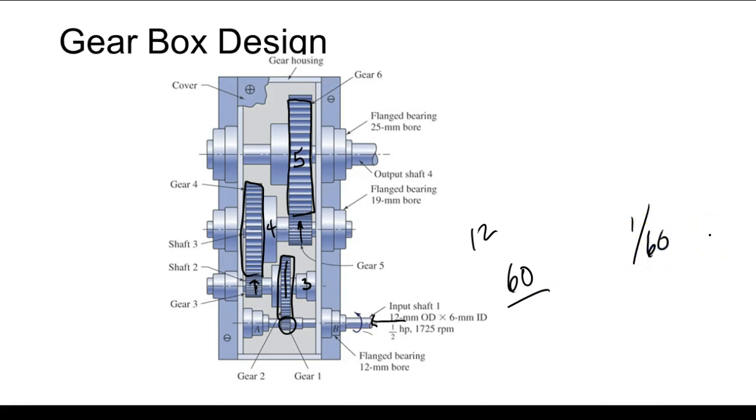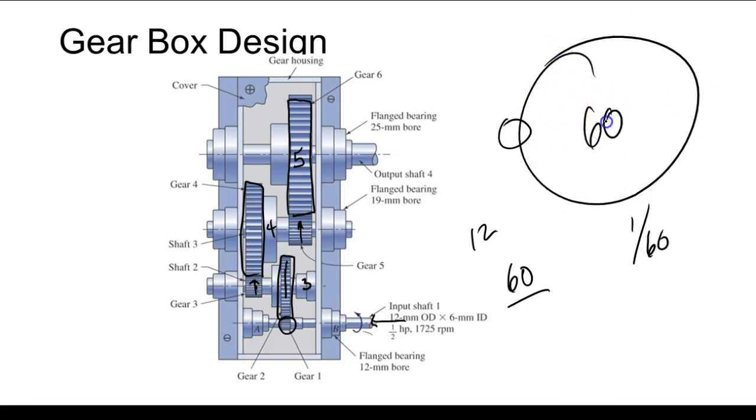That makes sense? What we're doing is this with smaller gears, which occupy a lot smaller space. If I did this with a regular gear, then this gear over here would have to be 60 times this gear right there.